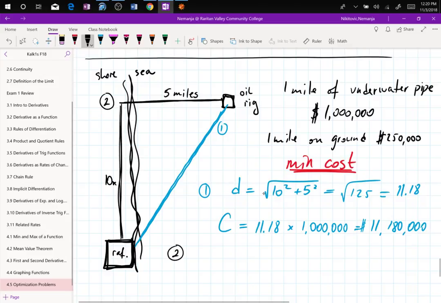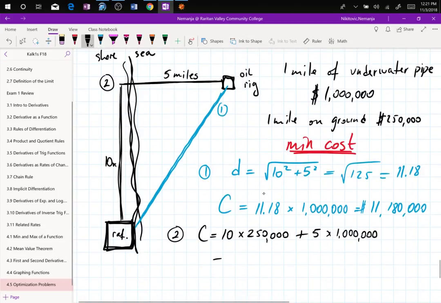The cost is equal to 10 miles times $250,000, because that's 10 miles on the ground, plus 5 times $1 million for the underwater.